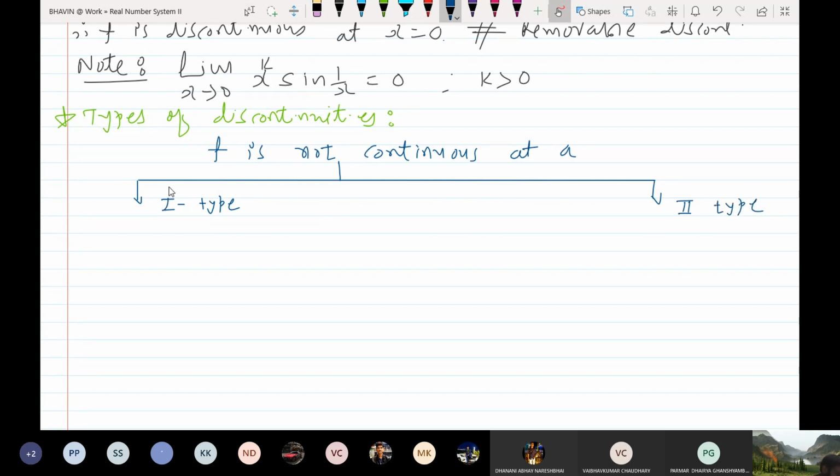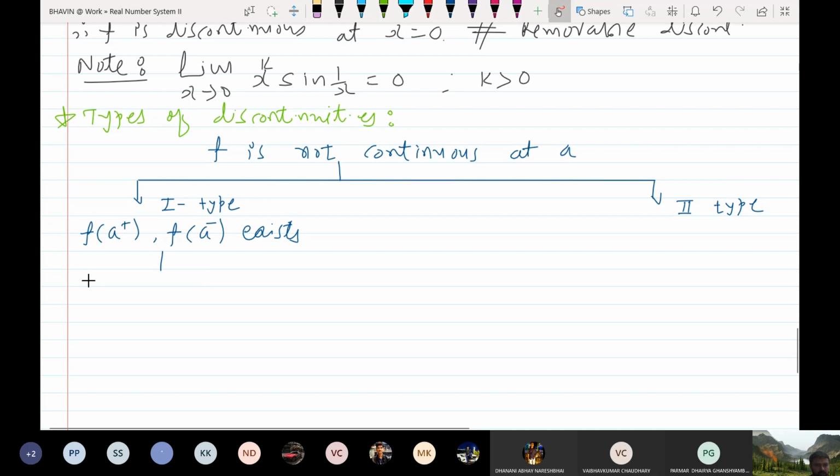So in type 1, what happens? Both f of a plus and f of a minus exist. Again, there are two possible cases.